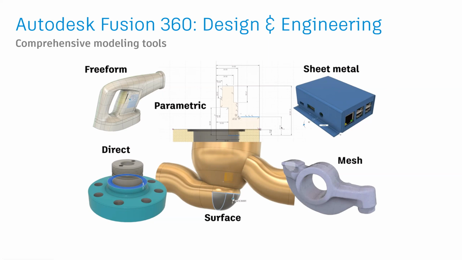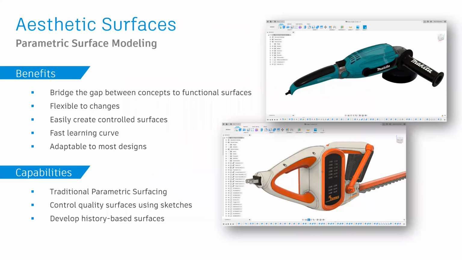And let's understand in detail, like surface modeling. Basically, surface modeling bridges the gap between the concept design and the functional surface, wherever you want to do surface designs on the modeling side. It is very flexible, since any kind of surface can be changed because of the parametric nature. That is the main advantage of surface modeling here.